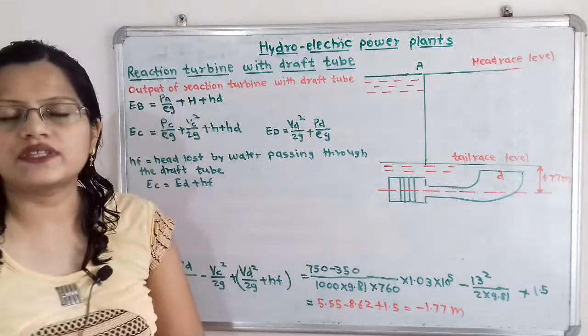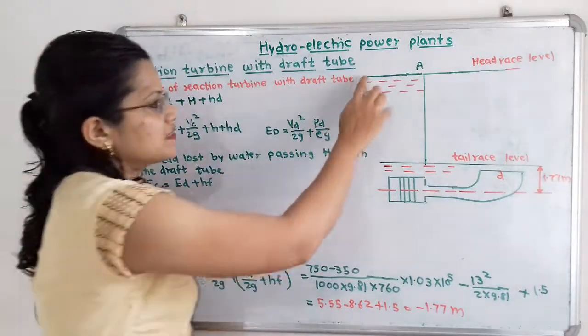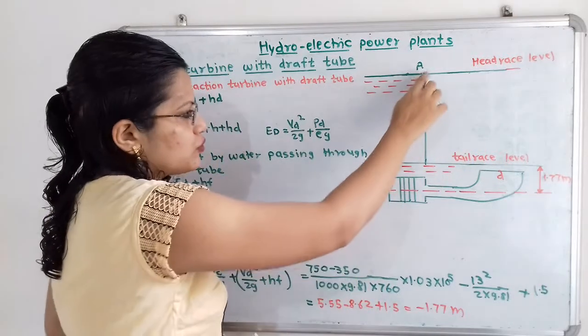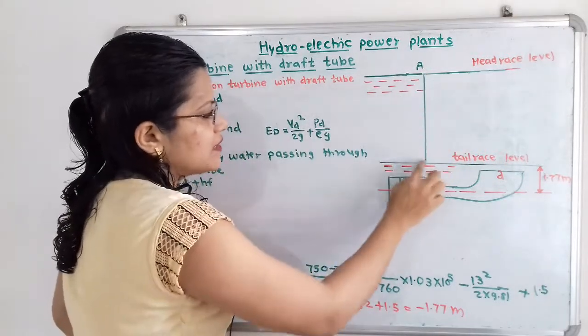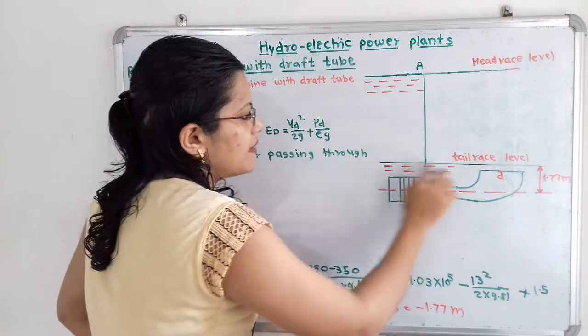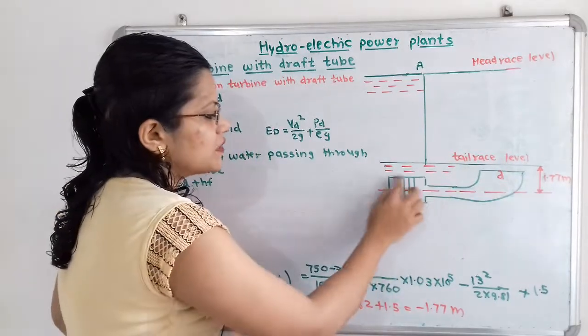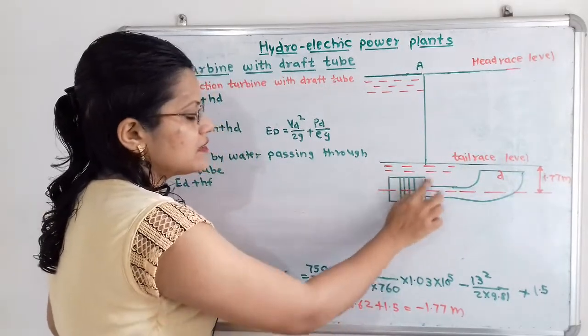So we have to show this with the help of a diagram. Here is the headrace level, and this is the vertical distance between the headrace level and the tailrace level. Below this we show the turbine.